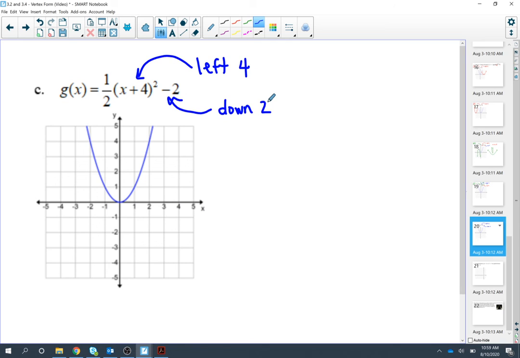Left 4, down 2, that's describing what you're doing. So we're going to go left 4, 1, 2, 3, 4, down 2, 1, 2. Then your a value, over 1, up 1/2. Over 1, up 1/2, over 1, up 1/2, which means our parabola is a little bit wider. And then there's your new parabola.